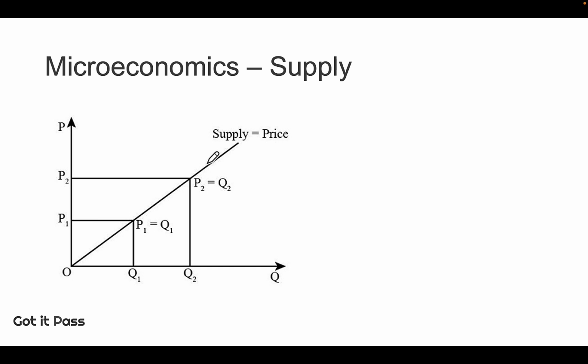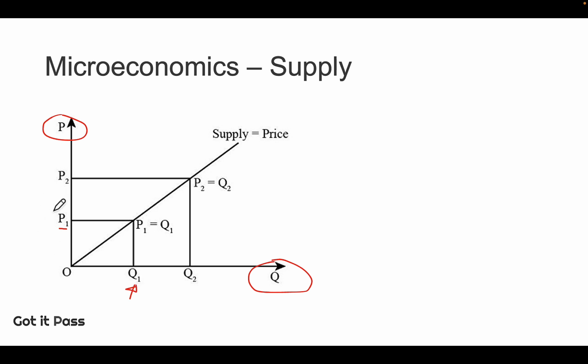Here is the supply curve. On the same rationale, the supply curve lies on a chart showing the relationship between the price, the P, and the quantity, the Q. Given that the price is at P1, along the supply curve, at this price, the firm will produce at Q1.